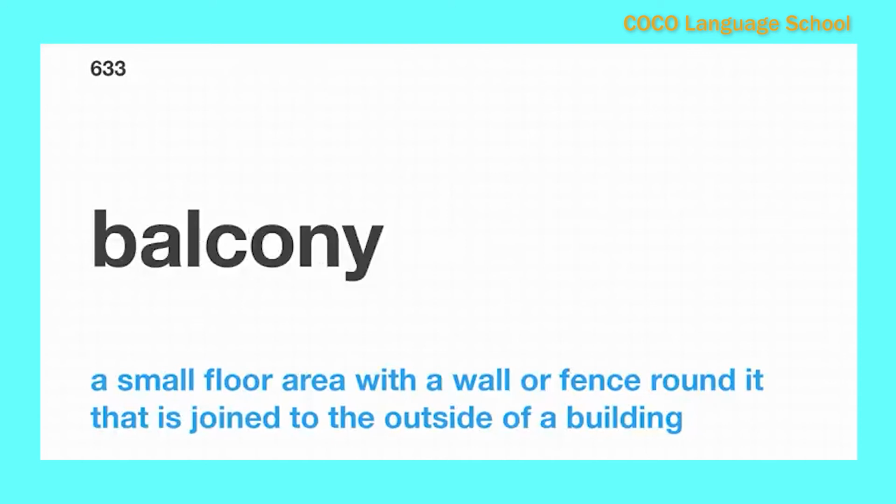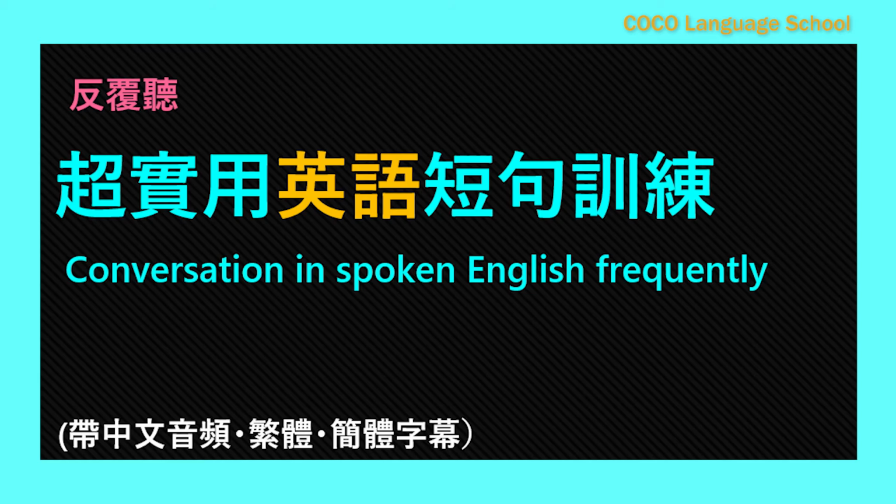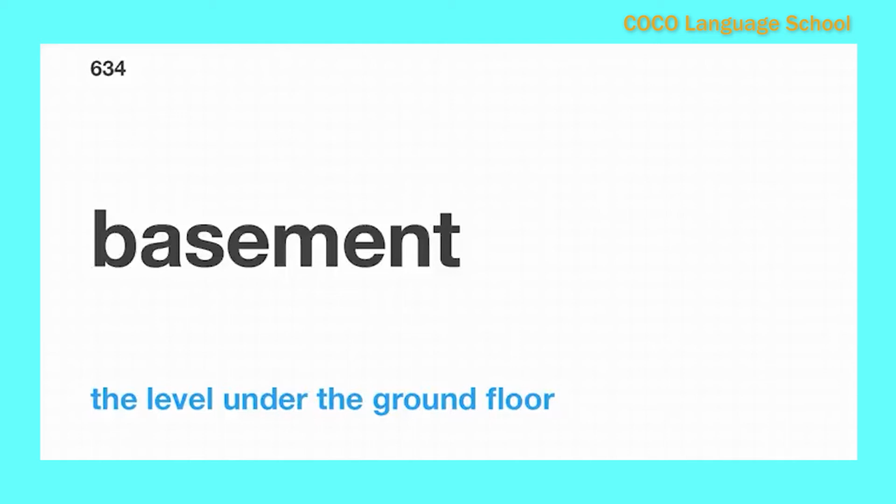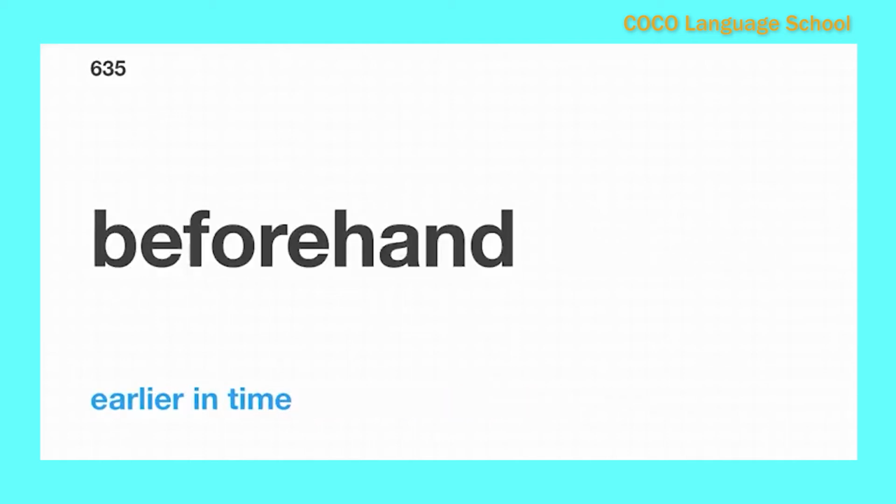A small floor area with a wall or fence round it that is joined to the outside of a building. Balcony. The level under the ground floor. Basement. Earlier in time. Beforehand.